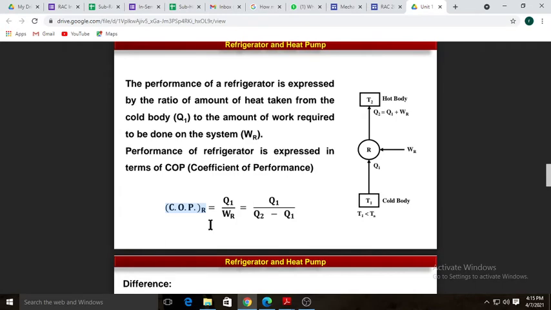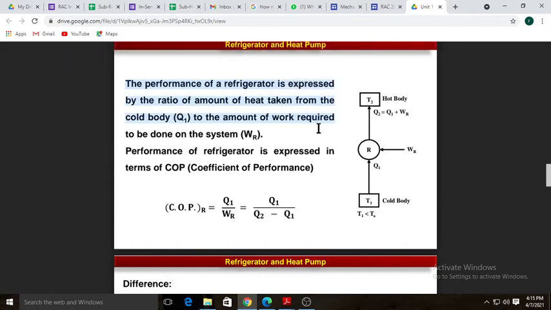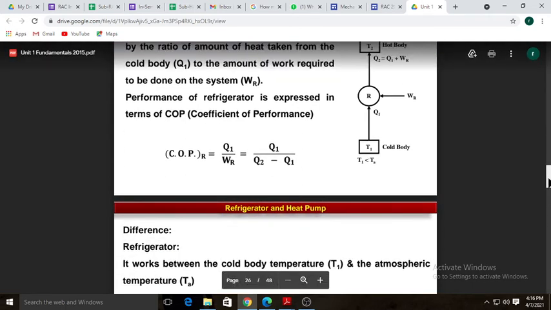COP of the refrigerator is the ratio of the refrigerating effect produced by the refrigerator to the work supplied to it. In other words, the performance of a refrigerator is expressed by the ratio of the amount of heat taken from the cold body, Q1, to the amount of work done on the system, W of R. We already saw W of R is equal to Q2 minus Q1, and Q1 is the amount of heat extracted from the cold body.